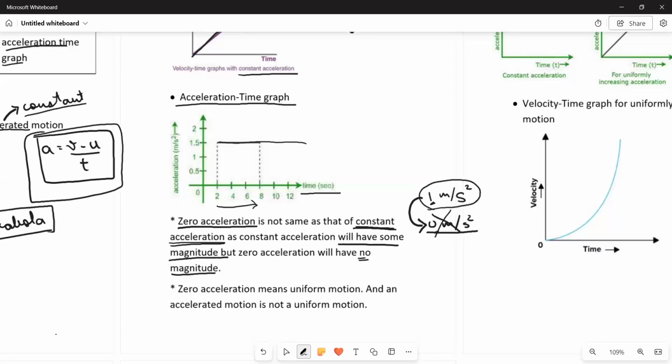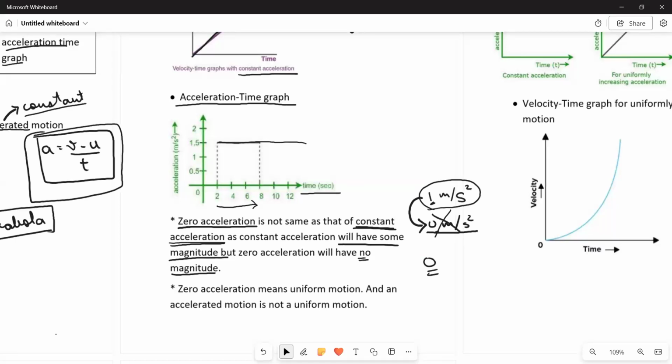Whenever there is zero acceleration, its magnitude is also zero. There is no magnitude for this type of acceleration, and whenever there is no magnitude for an acceleration, we'll call it zero acceleration.